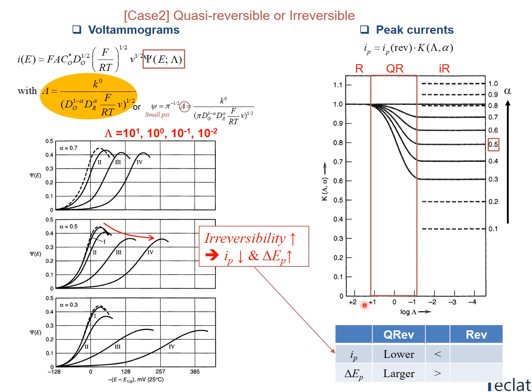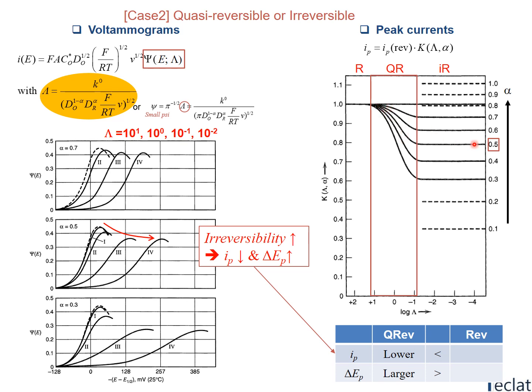At high values of lambda, like larger than about 15, the ratio of peak current is almost 1. It means reversible. However, when the value of lambda goes down from about 10 to 0.1, you could observe the current ratio decreases as lambda decreases.